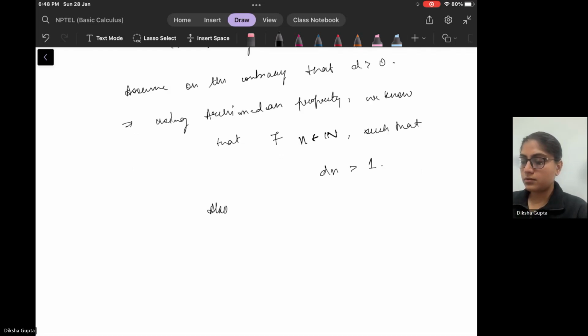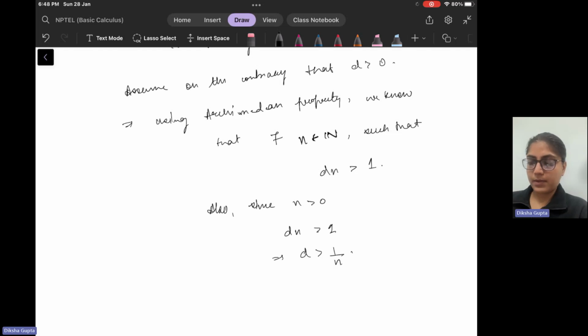Also, since n is positive, Dn greater than 1 implies D is greater than 1 by n.